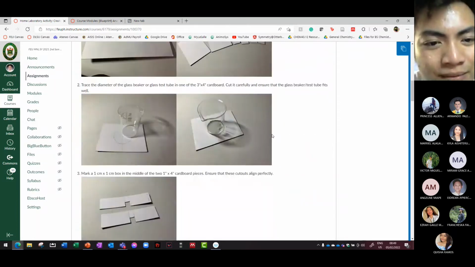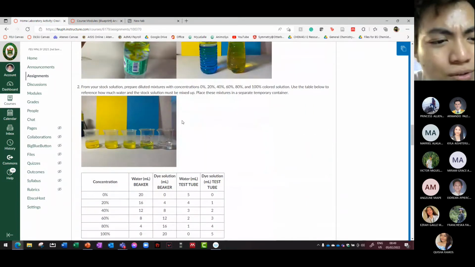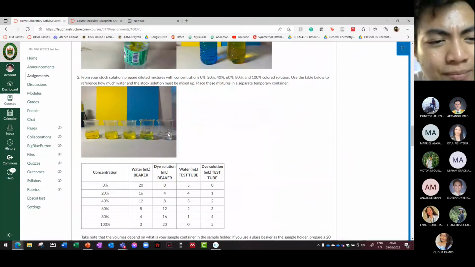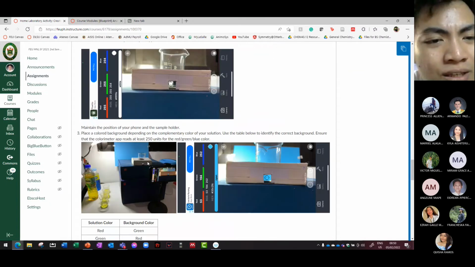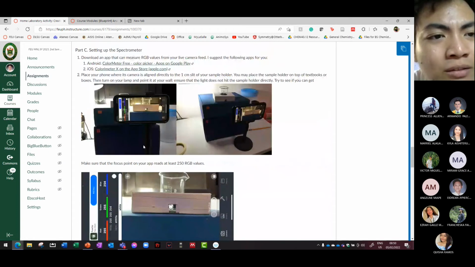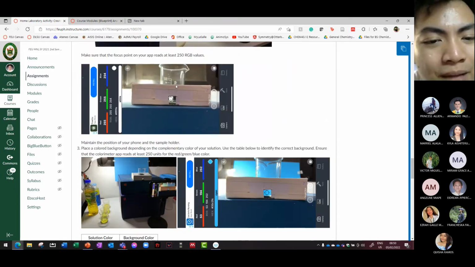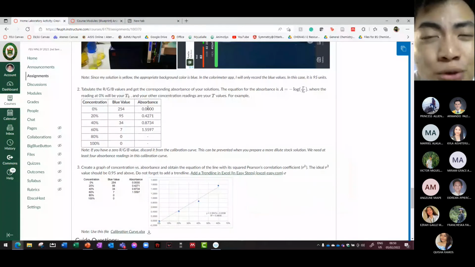So gagawa kayo ng solutions, and depending on the concentration of the solution, they will have different intensities. For example, ito 0% concentration, dito 100% concentration. Even though the difference is minute, when you check it using this spectrometer that we will make using a cell phone, makikita nyo na nagbabago talaga yung absorbance depending on the concentration.